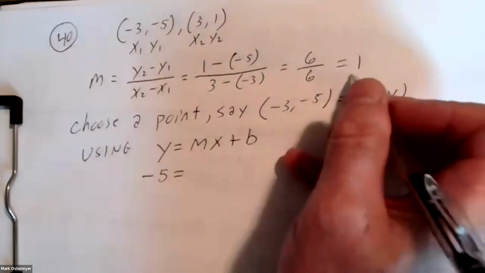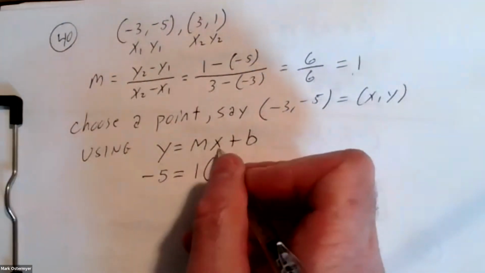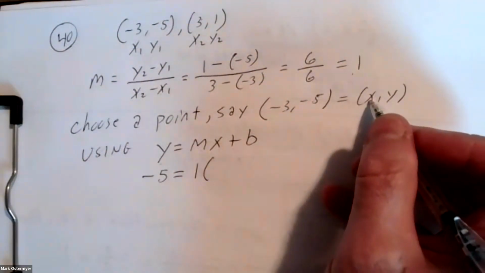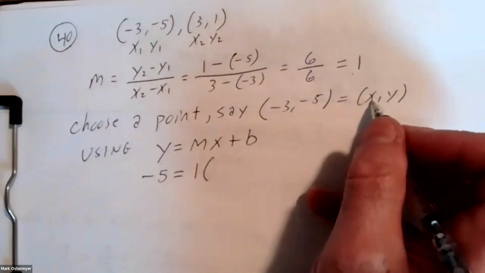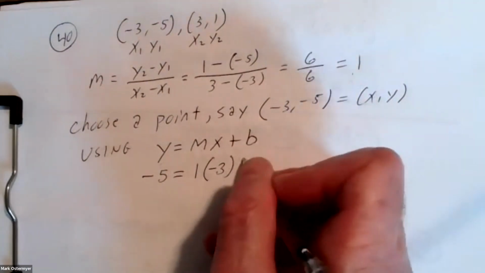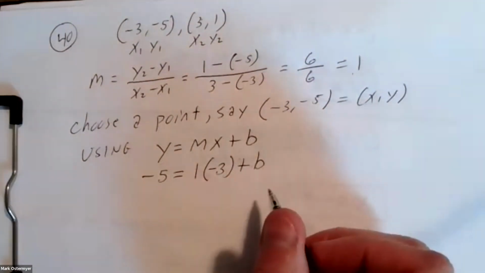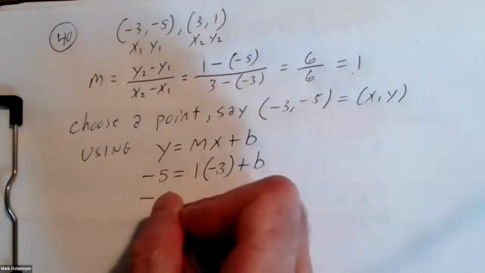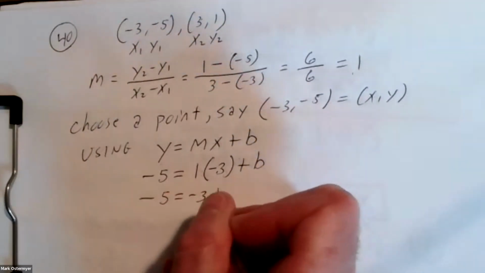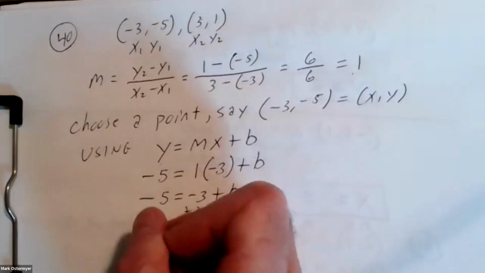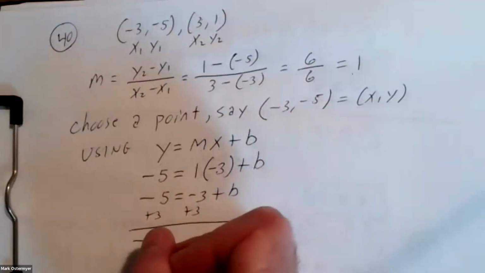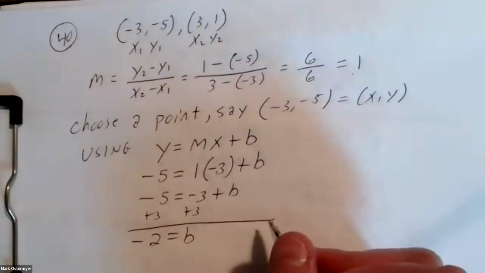My slope m was computed to be 1 times x. The x variable is replaced with the x coordinate, which is -3. And now we can solve this equation for the y-intercept. Add 3 to both sides. We now get -2 is equal to your y-intercept.